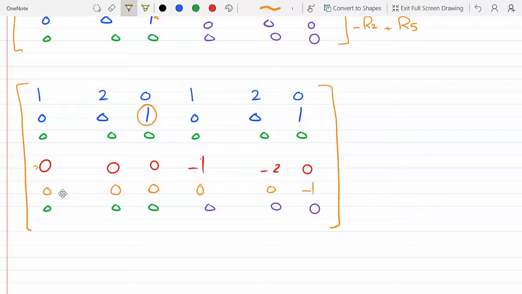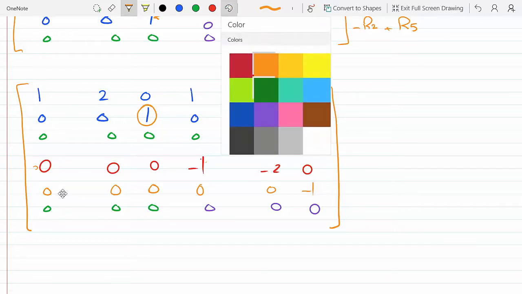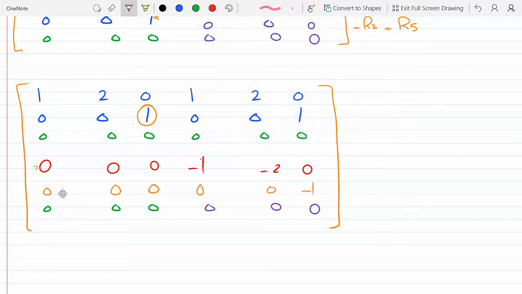Okay, now this guy needs to be a 0 because under this 0 I have to have zeros. So now let me change the color here. Let's use pink. Let me take this away. So I need this to be a 0.